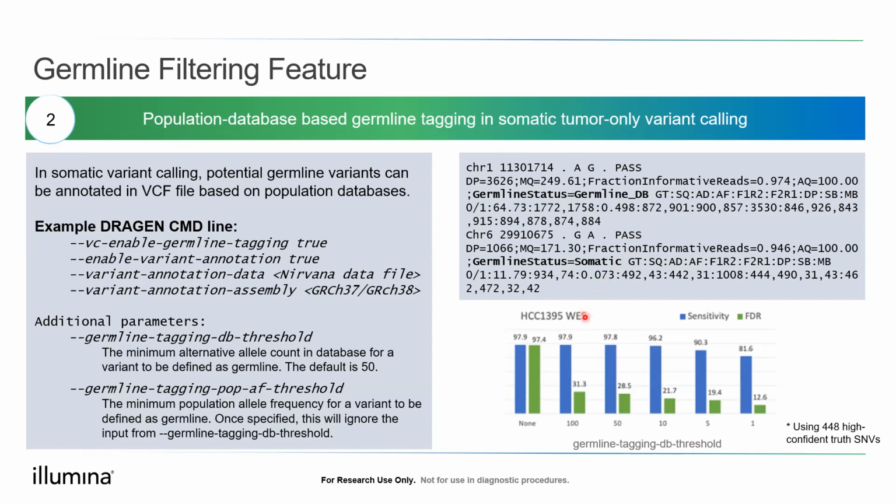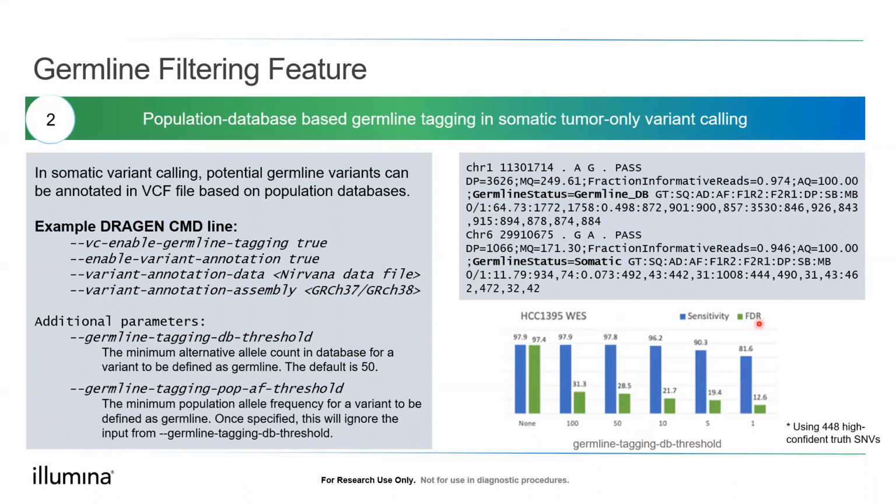What you can see here is an example of a whole exome. On the first plot over here, we show the sensitivity, but also the false detection rate. You can see the false detection rate is extremely high when you don't have this feature. When we turn on this feature, and here on the x-axis we are showing the various thresholds, as I said, we have a default of 50 that we are using.